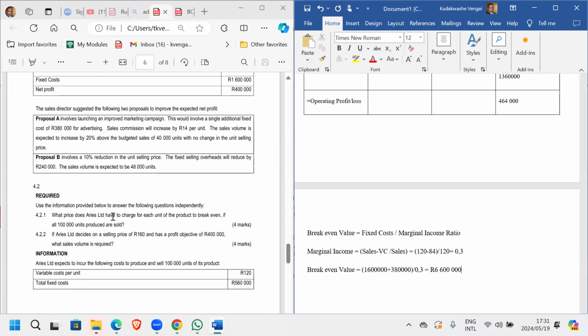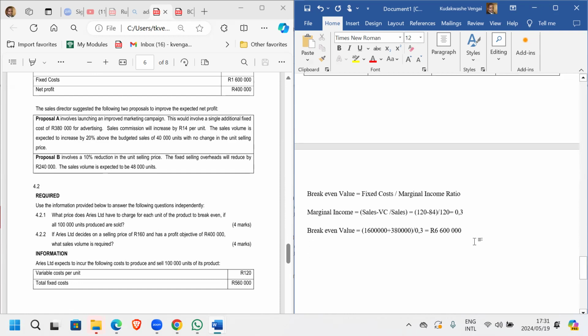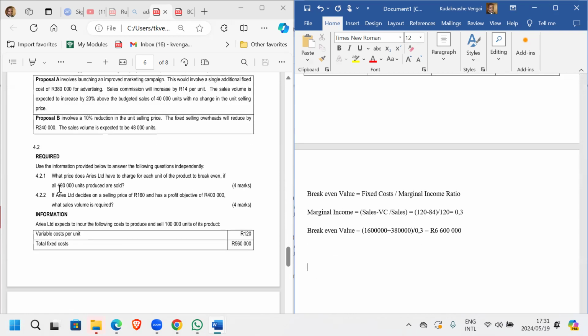Right. We go to question 4.2. Use the information provided below to answer the questions that follow independently. What does it say? What price does Aries have to charge for each unit of the product to break even if all 100,000 units are sold?